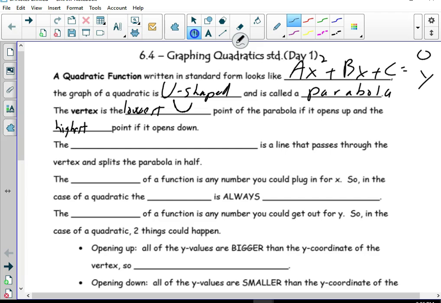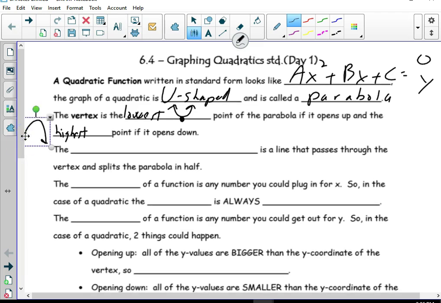So if it looks like this, you have a low point. If it looks like this, you have a high point. We already talked about this, the swing set thing. When you just barely touch the ground, that was the low point.